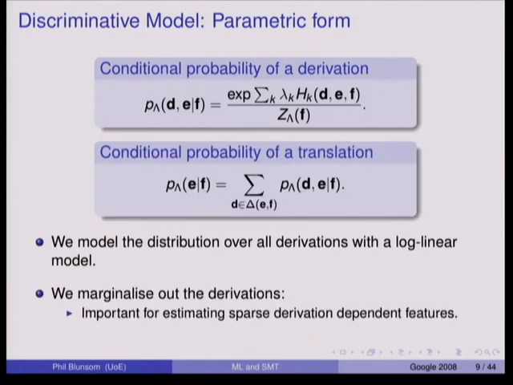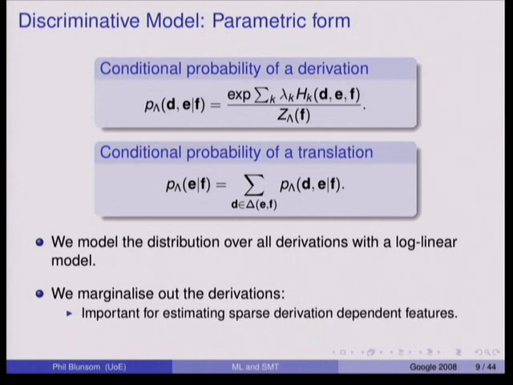Okay. So given that we can state the probability of a derivation, we'd like the probability of a translation, E, given the source F. And we get that by marginalizing out the derivations, so summing over all the derivations, because the derivations are ambiguous. So multiple derivations can give the same translation. So we can get the marginal probability of the translation by marginalizing.